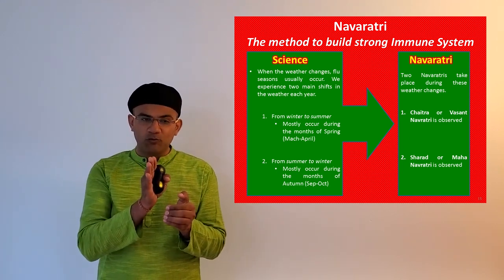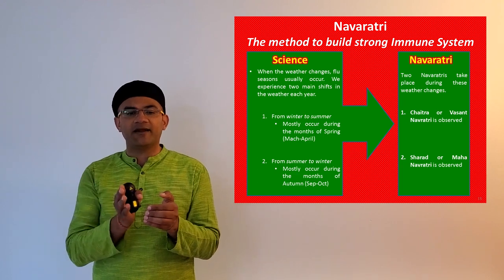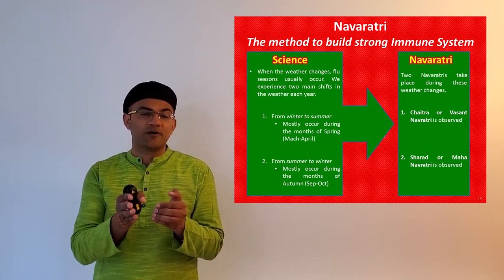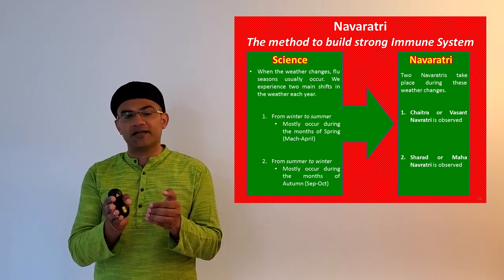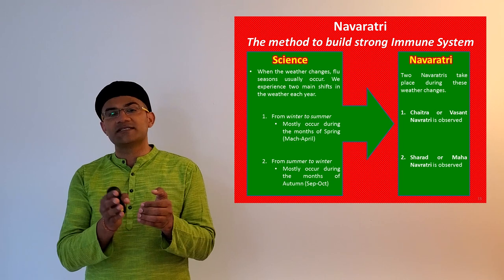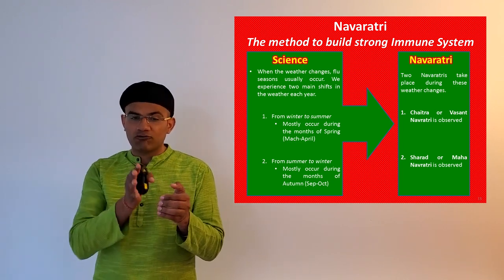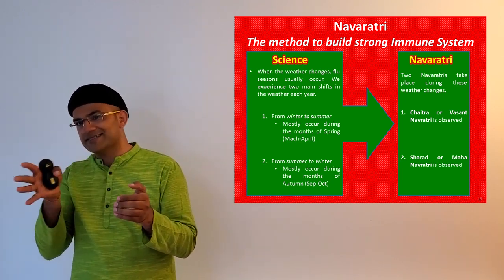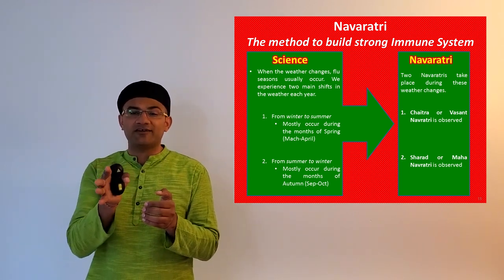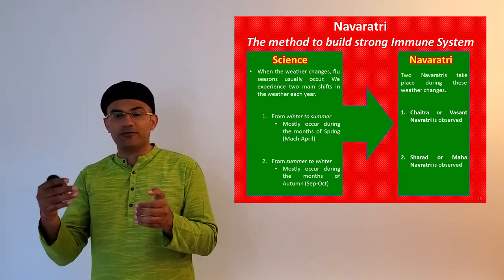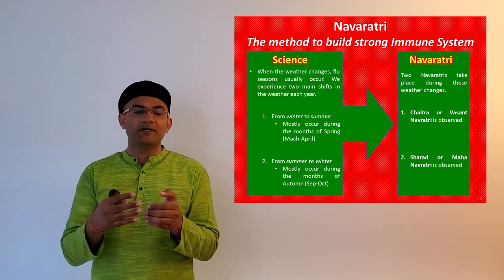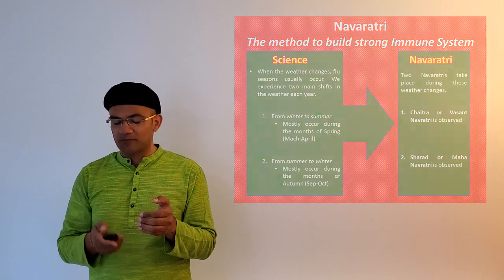One whenever we move from winter to summer, and another from summer to winter. The winter to summer change mostly occurs in the March, April time frame, and the summer to winter change mostly occurs in autumn, September to October time frame. Right there align our dates of Navaratri. So 2 Navaratri, Chaitra Navaratri takes place at the winter to summer change, and Sarad or Mahanavaratri at the summer to winter change. Why?